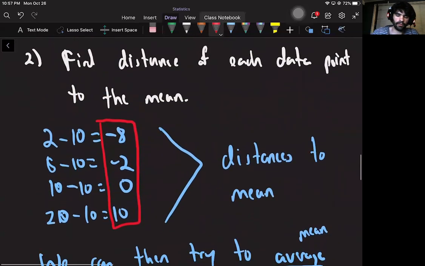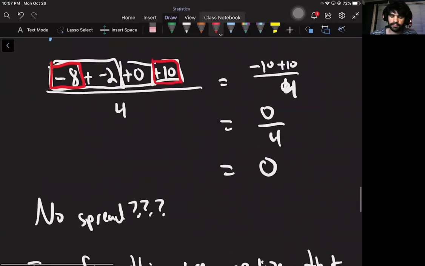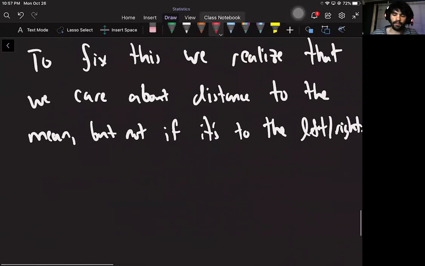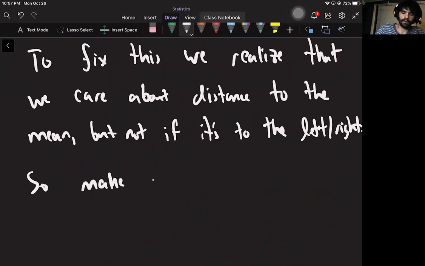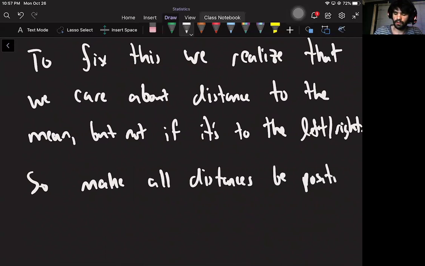So what do we do there? We don't care about these negatives is the idea. We're going to get rid of those negative numbers. Okay, so let's do that. To fix this, we just make all the distances be positive. So a very simple fix.